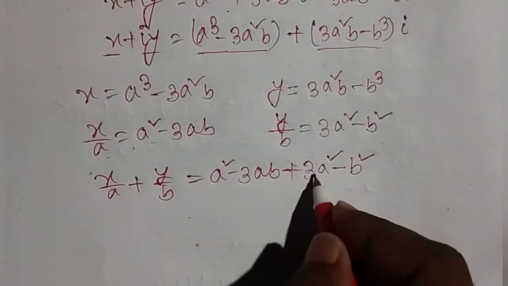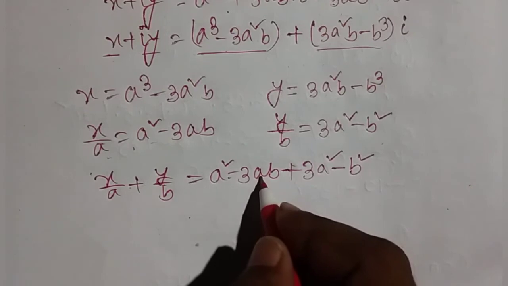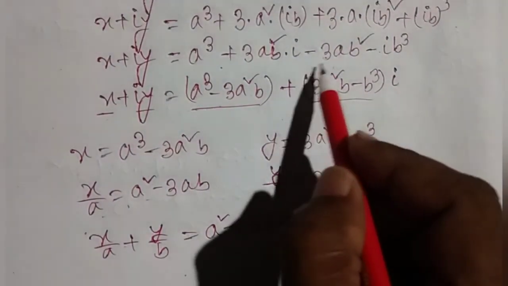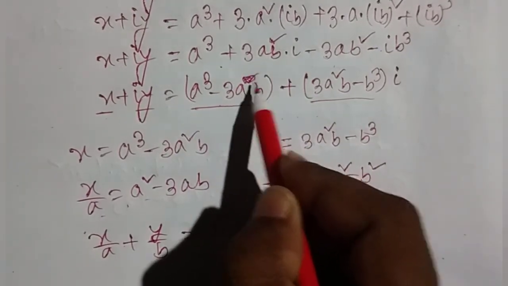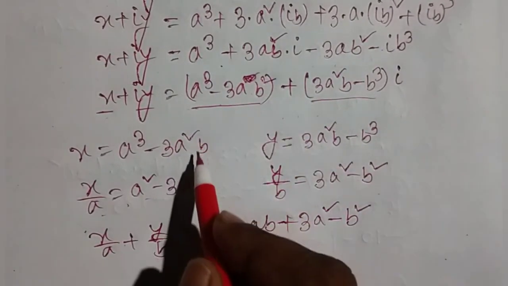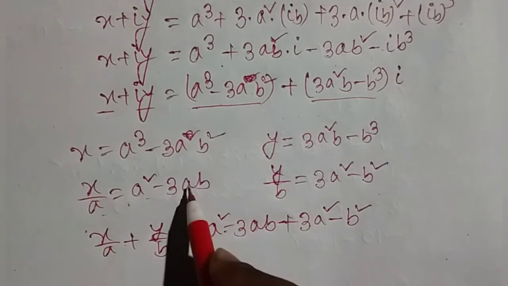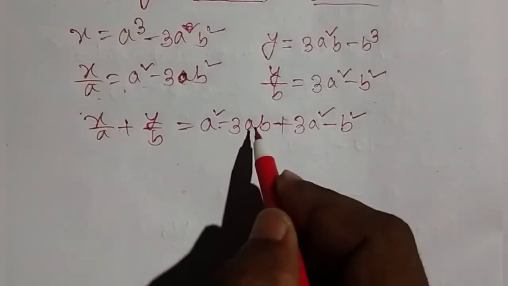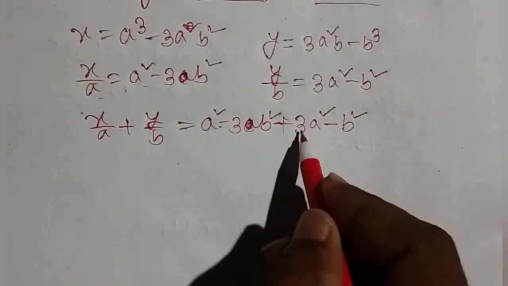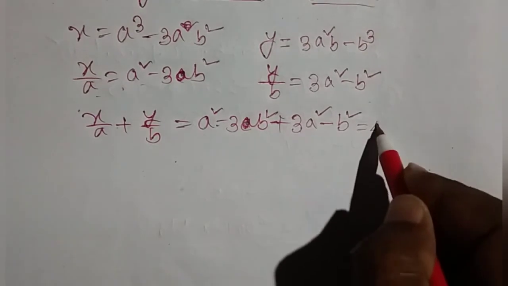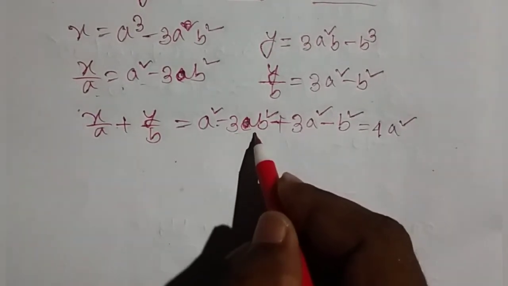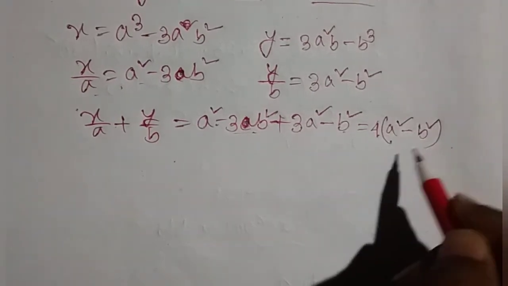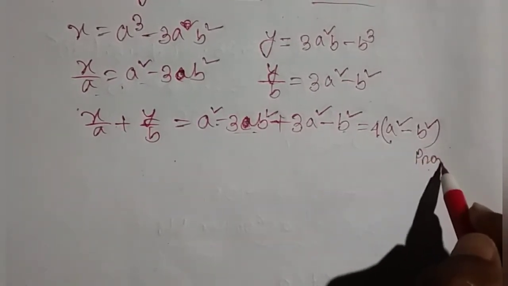Sorry, there is some mistake: here it is 3ab square, so here it is 3b square. So a square plus 3a square, that means 4a square, and minus 3b square and minus b square, that means minus 4b square. Taking 4 as common, 4 into a square minus b square. And this proves question number 1.